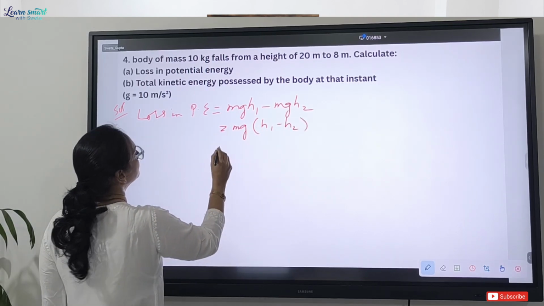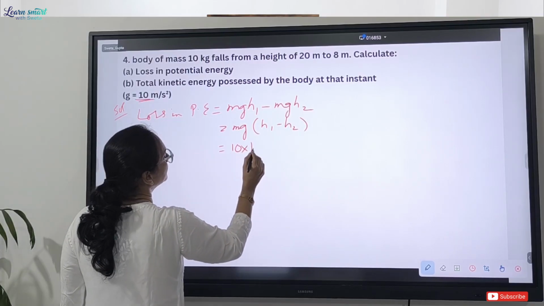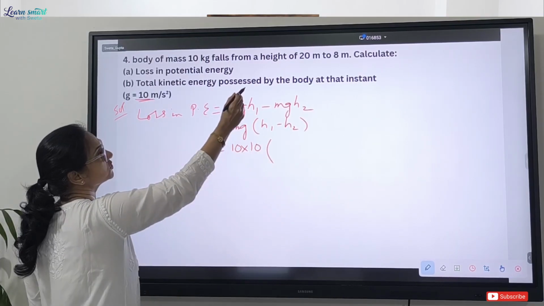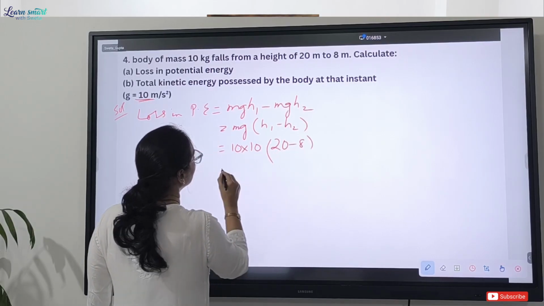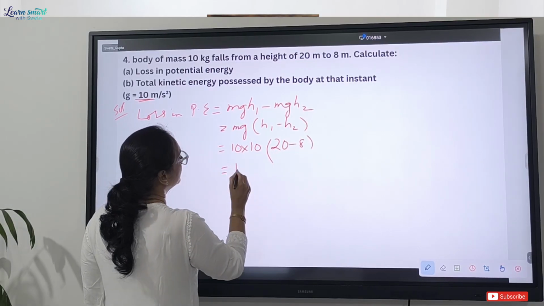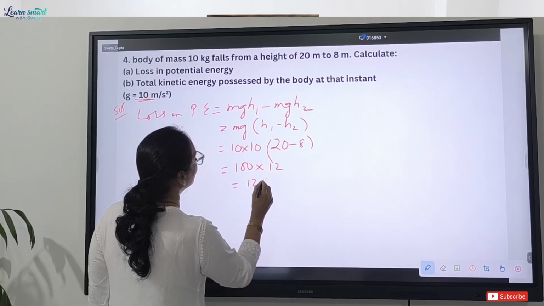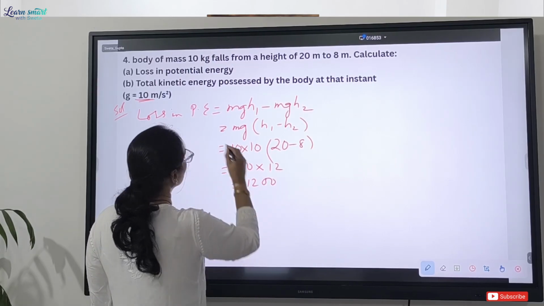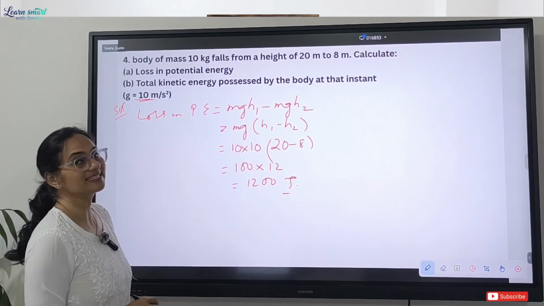So mass is 10, we will write 10 into g, they have told to use 10. So 10 into 10 and h1 height was 20 and then 8 meter. So 20 minus 8 and now only calculate 100 into 12 which is 1200. We are calculating energy, 1200 joules. This is the answer. Let's see the next question.